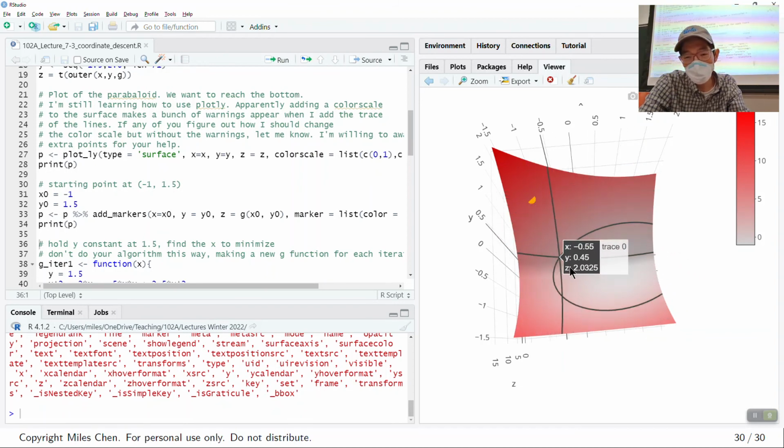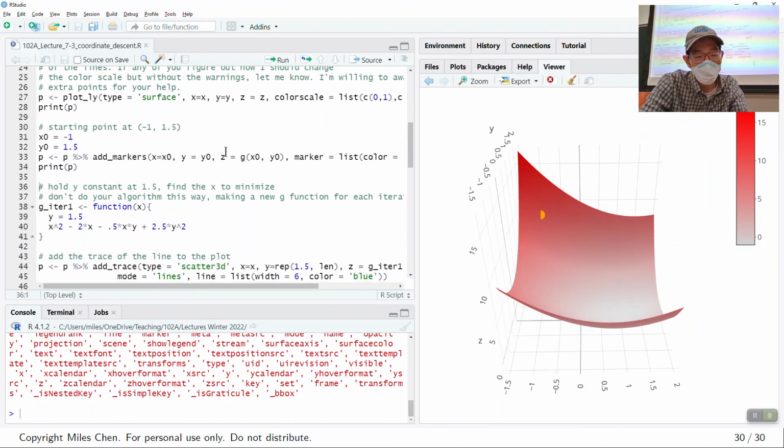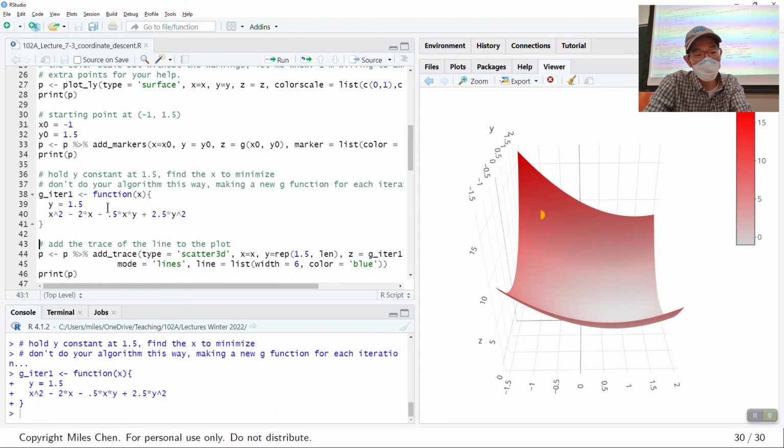So how are we going to do that? What we're going to do is hold one of the values constant. I've got an x and y coordinate. I'm going to arbitrarily say, let's hold y constant. Y is currently 1.5. We're going to lock in that value 1.5. And so if I lock in y equal to 1.5, then it becomes just a function of x.